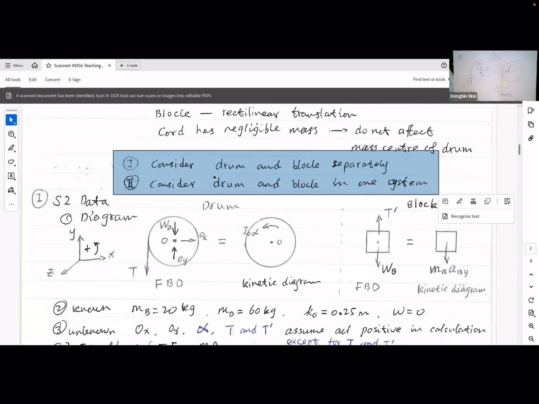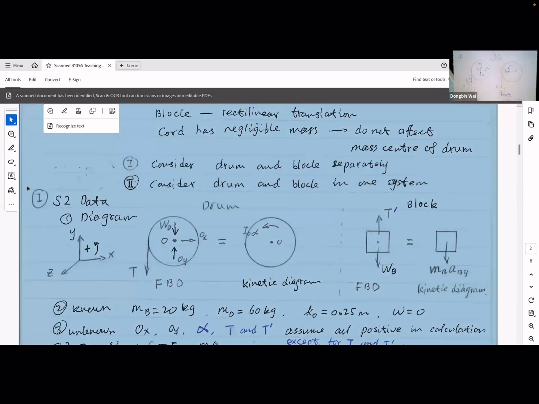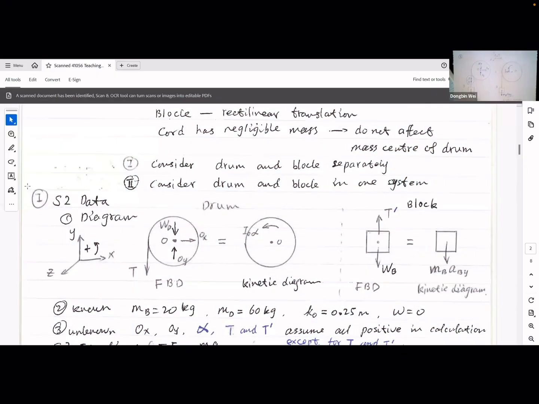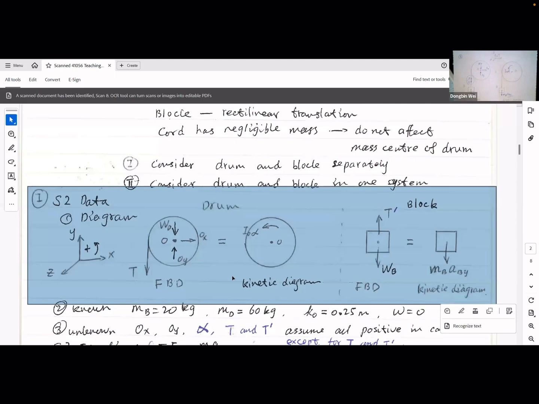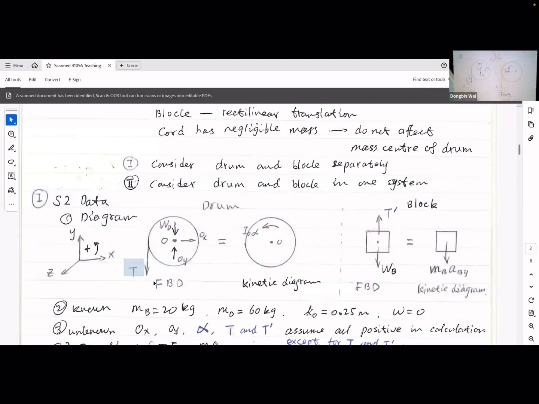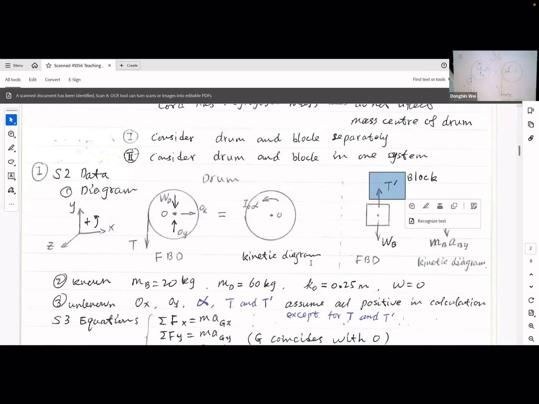Now, for the first solution, we consider these two rigid bodies separately. We have to indicate T and T prime because they are external forces if we consider these two rigid bodies separately.